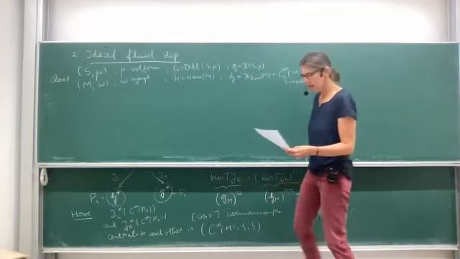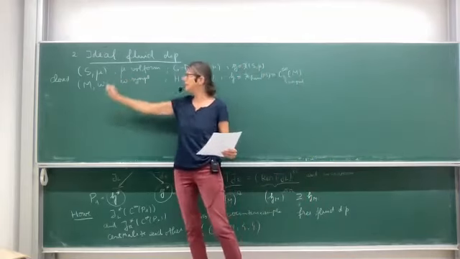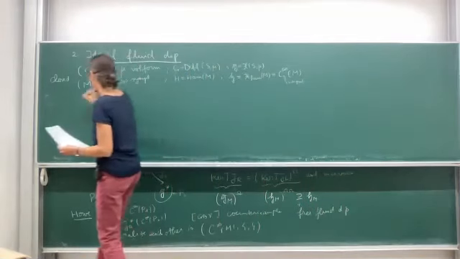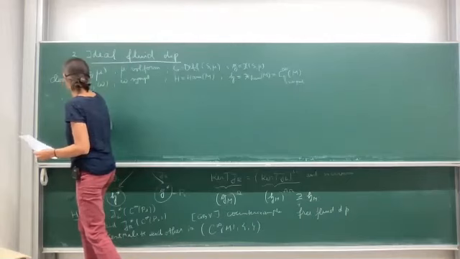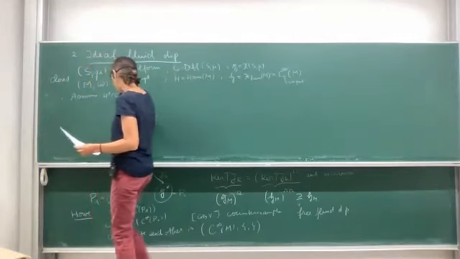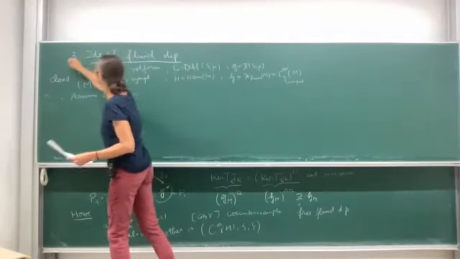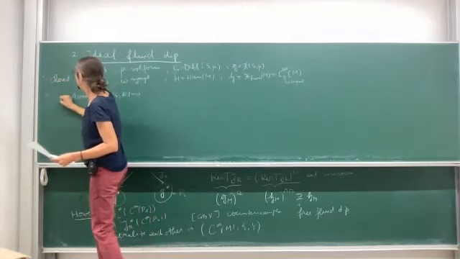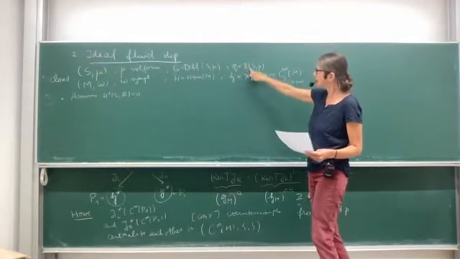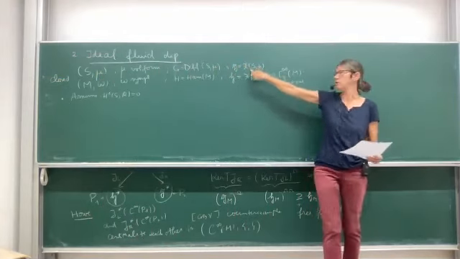And in order to get the ideal fluid dual pair, we have to assume that H1 of S is zero, unfortunately. So in this case, every divergence-free vector field is exact divergence-free.